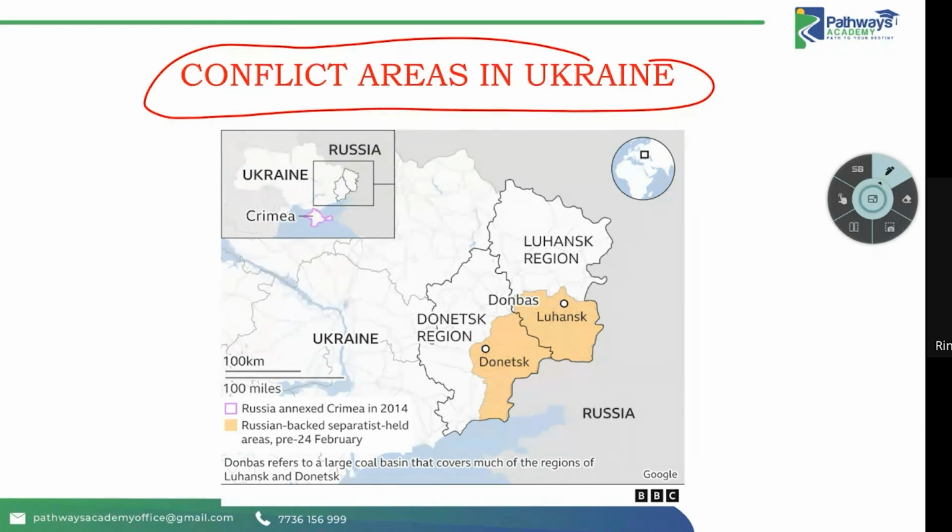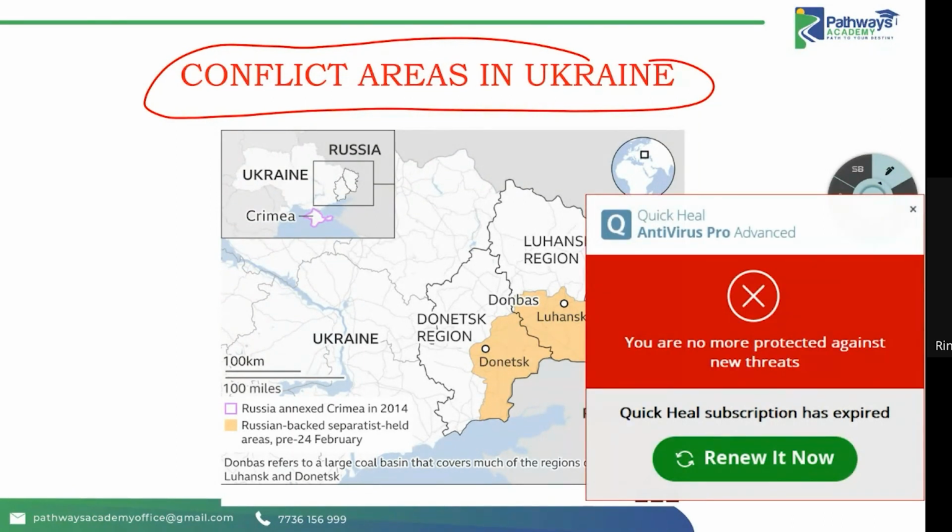If you are going through current affairs, please note the disputed territories between nations. Before 2022, UPSC usually asked questions regarding nations and bordering nations, water bodies and bordering nations. But nowadays, they are asking about disputed territory, and also what the dispute is there. That means they are connecting IR with geography. So the conflicted areas in Ukraine are Luhansk.